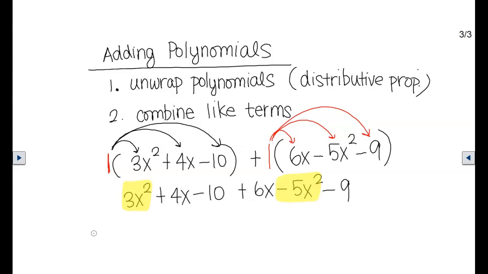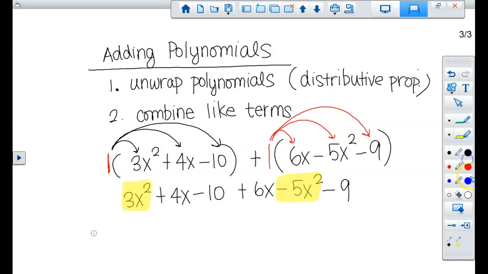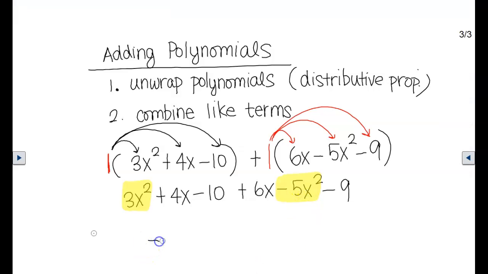So the two terms that I have just highlighted in yellow are like terms because they both have the variable x being raised to the second power. So I am going to combine those, and I'm going to do what this says. So this says to do 3x squared minus 5x squared, which would be a negative 2x squared.